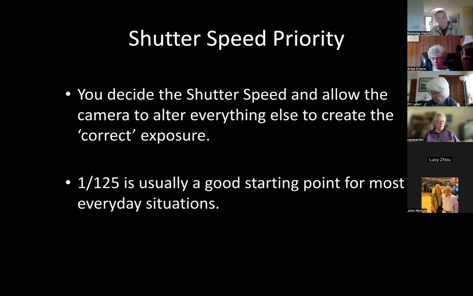If you are walking around taking pictures in a garden, capturing life on the street, not doing anything crazy, 1 over 125 is a great starting point. To give you some context, the way we compute light and movement, we see it at about 1/100th of a second as humans.